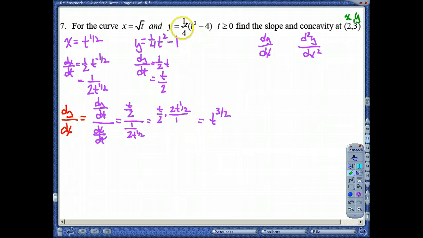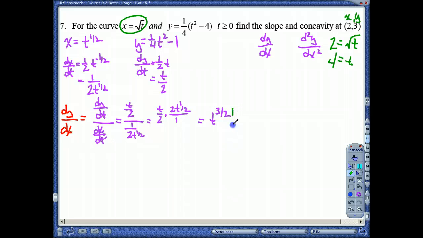I can do that using my y equation or my x equation. The x equation looks a little easier, so I'm going to use this one. I know that my x-coordinate at this point is 2, so I'm going to put 2 equals square root of t, and solve for t. So t is going to equal 4.